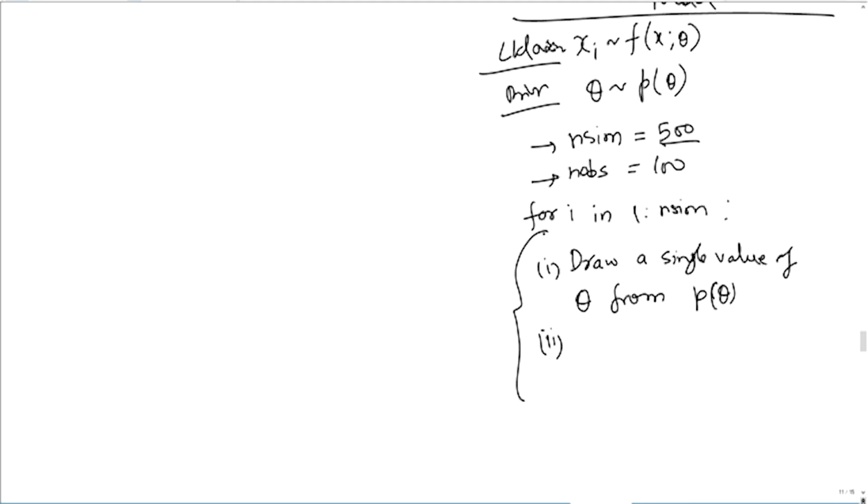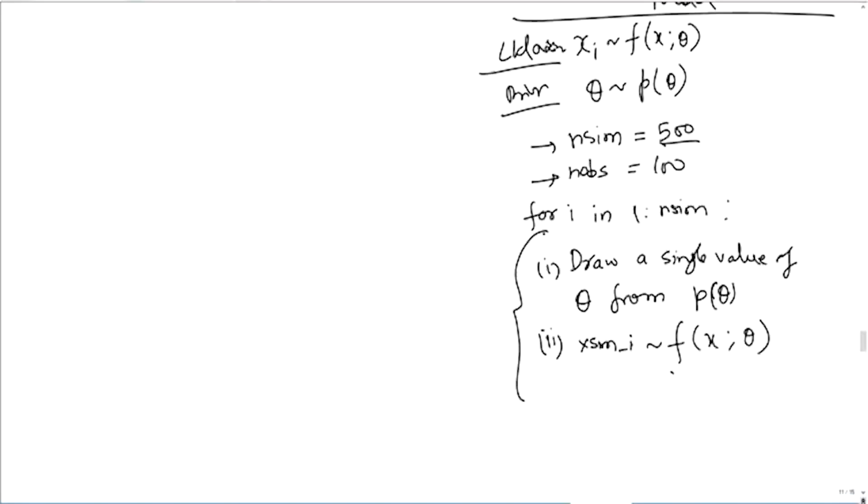Now, you have a value of theta. Corresponding to that value of theta, you can generate a prior predictive sample. So, I will generate x_sim_i, the ith prior predictive sample, and how do I generate it? I just need to draw this from f(x | theta), right.